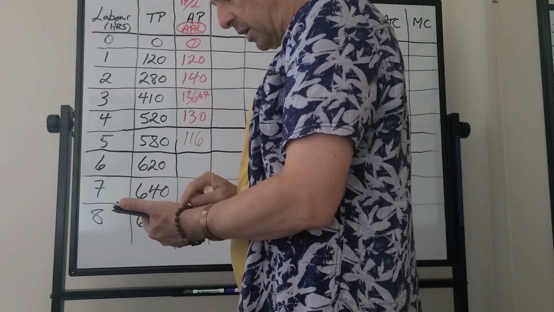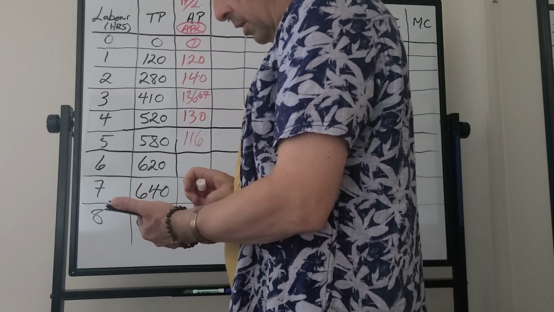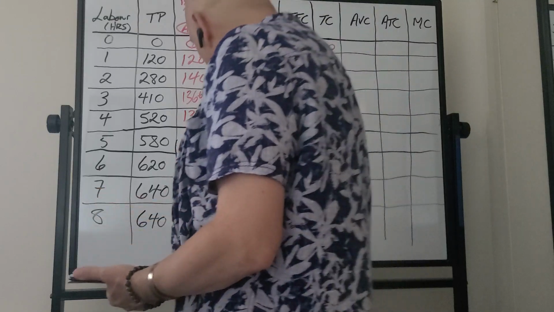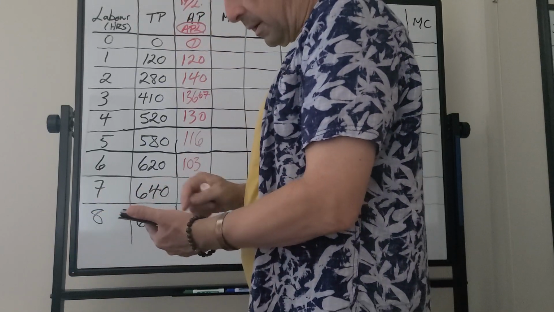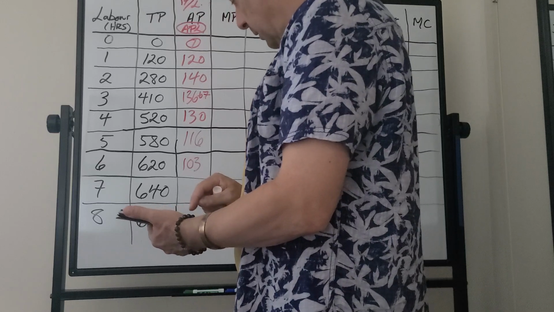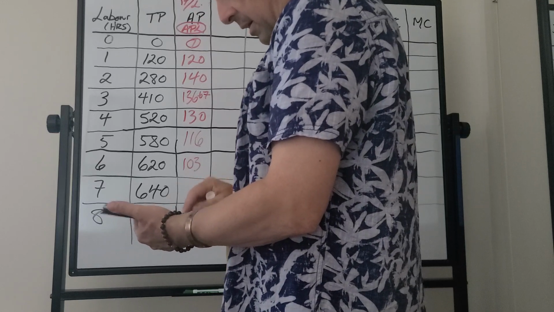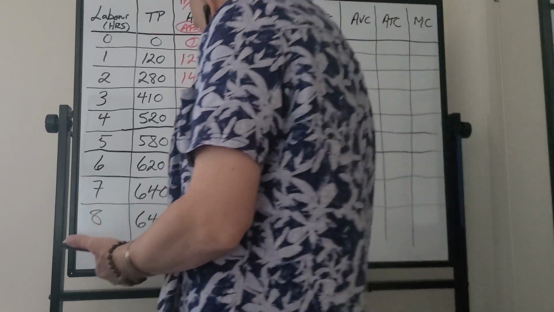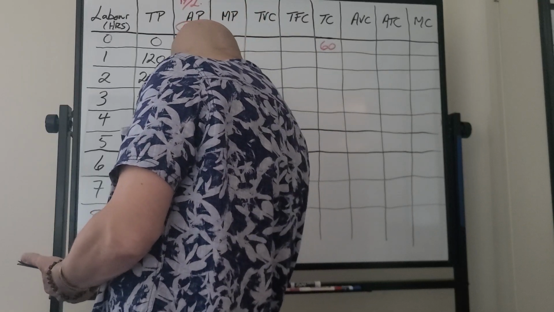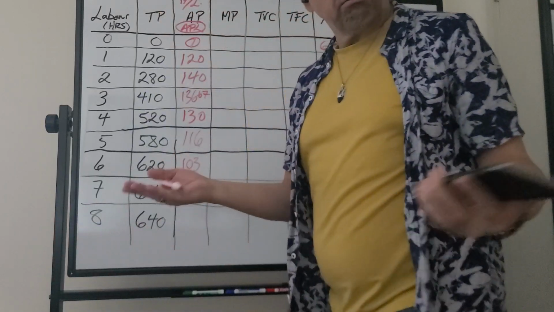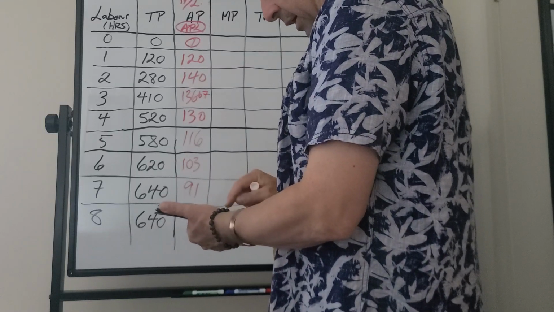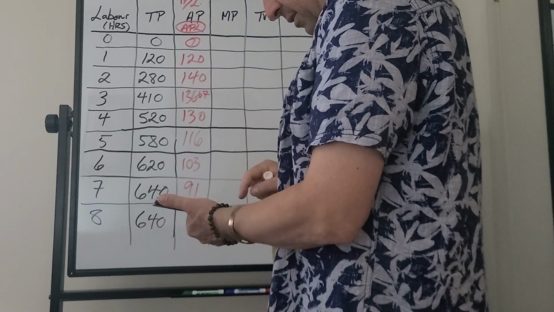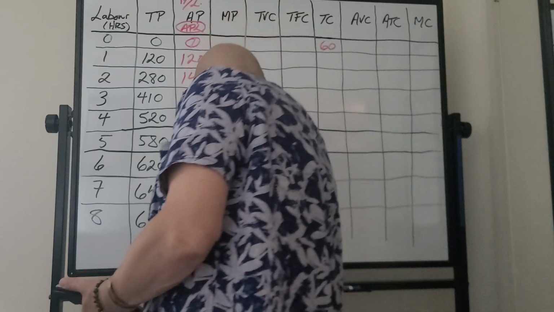Okay, 620 divided by 6 is going to be 103 and a third. 640 divided by 7 is going to be 91-ish. I'm just rounding the decimal. 640 divided by 8 equals 80, right?